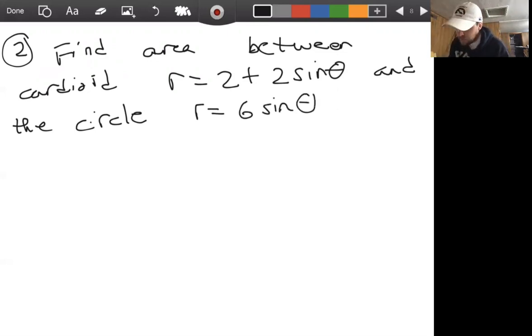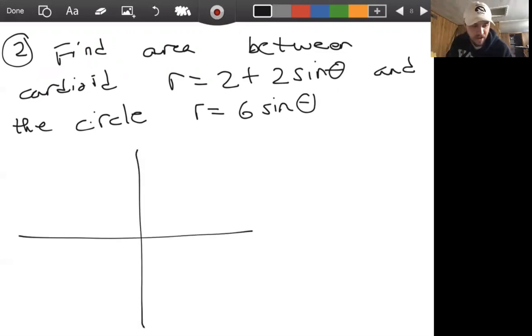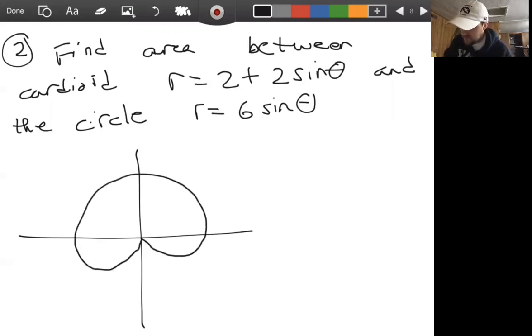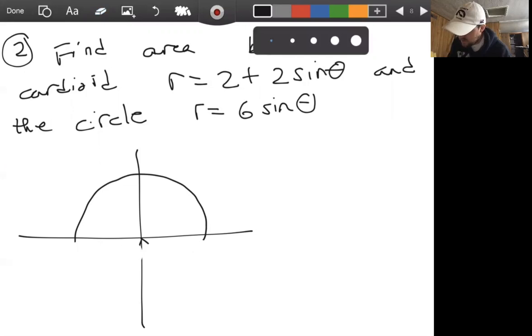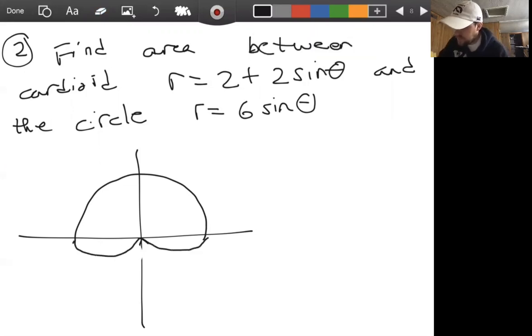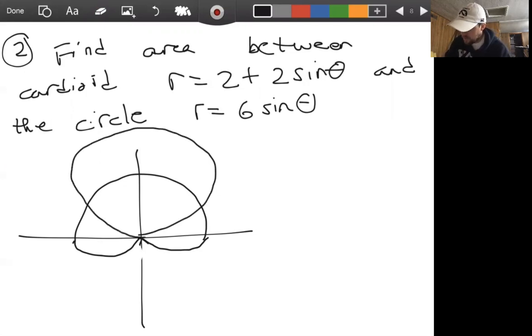So when we graph these, the cardioid looks something like this. This will just be a sketch of the graph here. Here's our cardioid. Okay. And then we have the circle r equals 6 sine theta. So it looks something like this here.